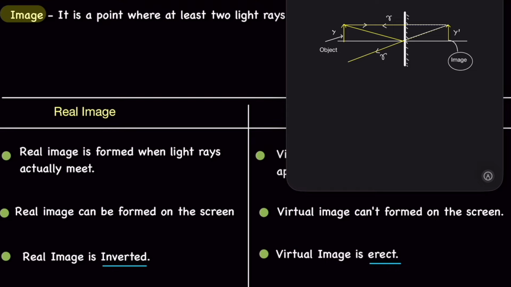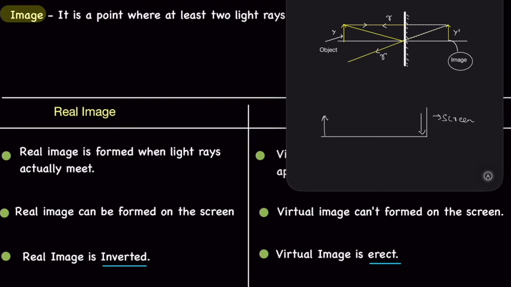When a real image is formed, you can take the example of a candle. Here is a candle and we place a screen. This is the screen. So we will see on the screen that the image of the candle is formed. So this is an example of a real image.